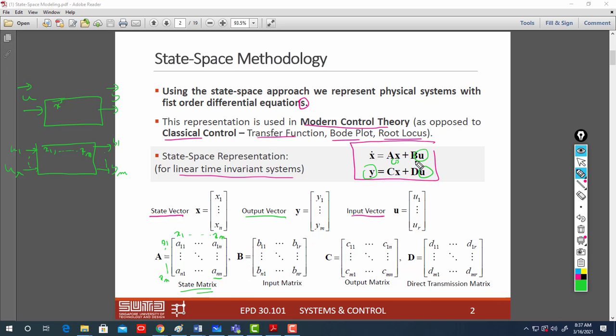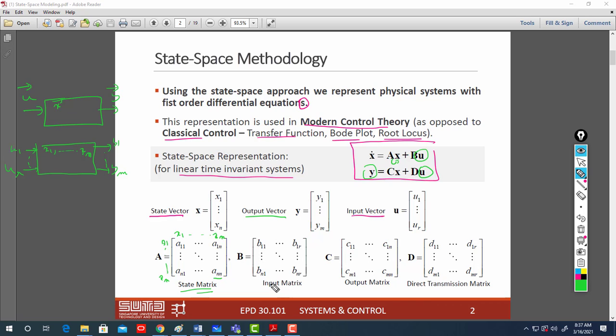B is the input matrix. We call it the input matrix because it's connected to u. D we don't call the input matrix even if it's connected to u. B is what we call the input matrix.